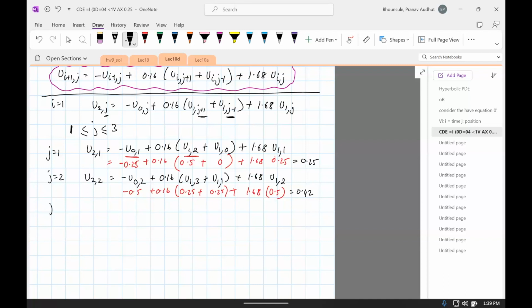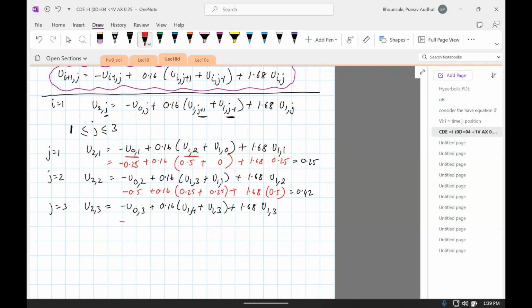0.42. j equals 3. We have u of 2, comma 3 equals minus u of 0, comma 3 plus 0.16 times u of 1, comma 4 plus u of 1, comma 2 minus 2 times u of 1, comma 3, plus 1.68 u of 1, comma 3.